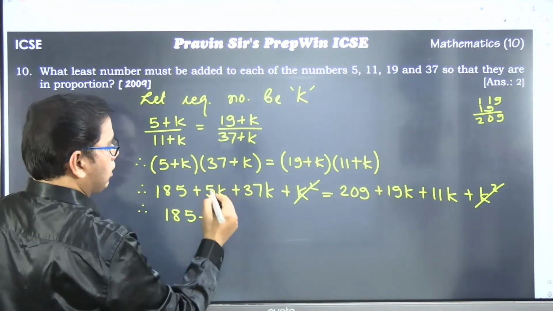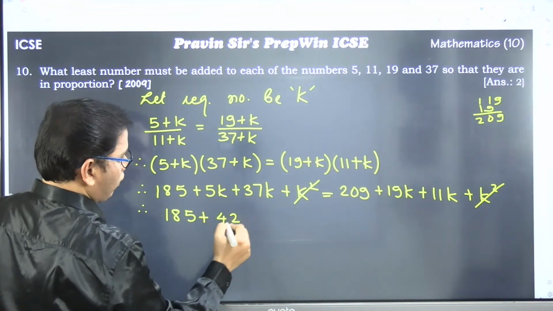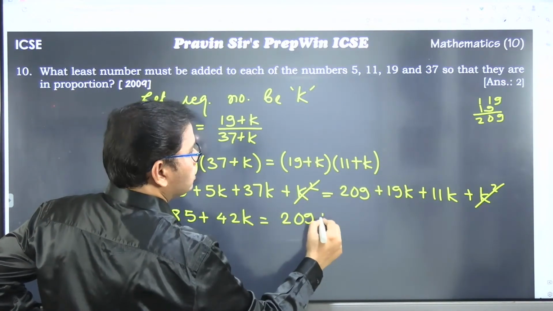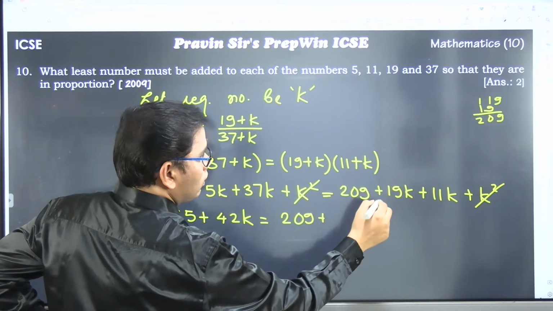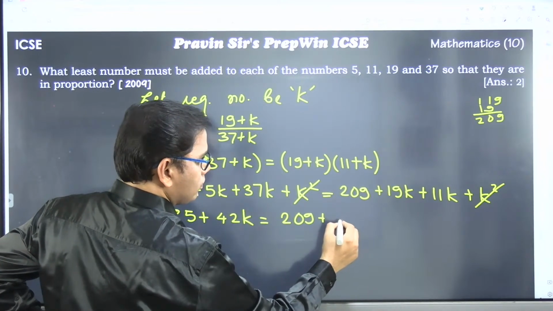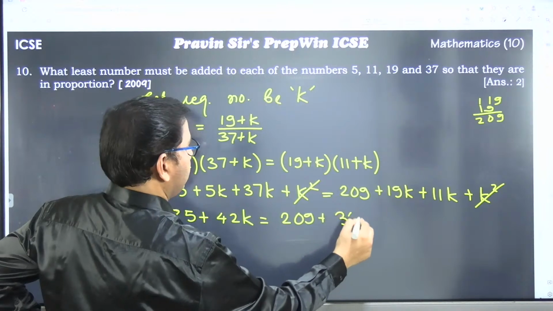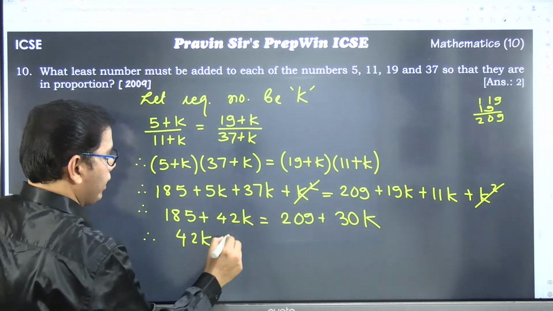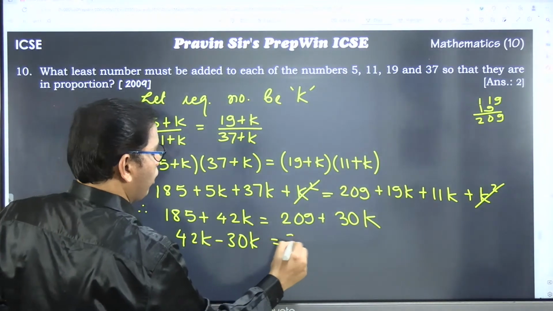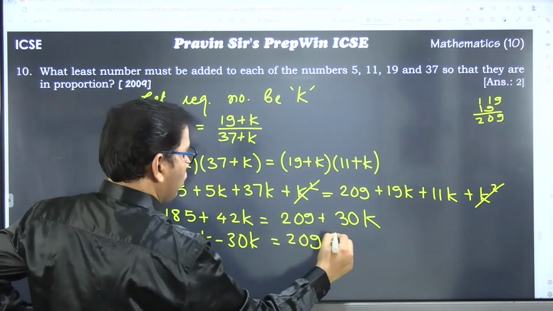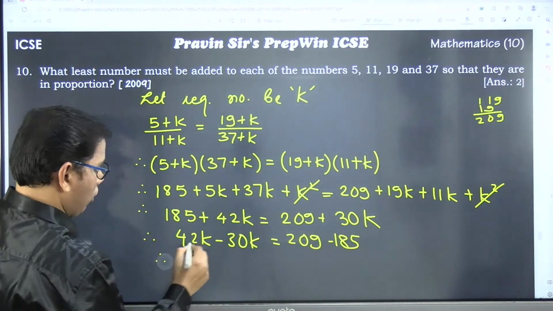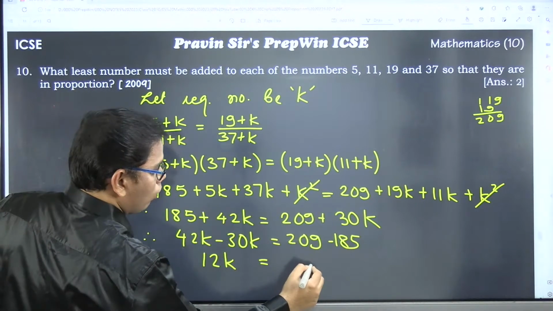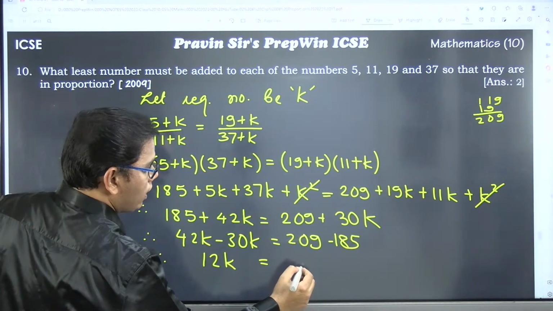185 plus 37k plus 5k, how much? Is it 42k? Equal to 209 plus 19k plus 11k, is it 30k? Let us take like terms together. 42k minus 30k is equal to 209 minus 185. How much? 12k is equal to 24, since 185 and 15 is 200, and 15 and 9 is 24.